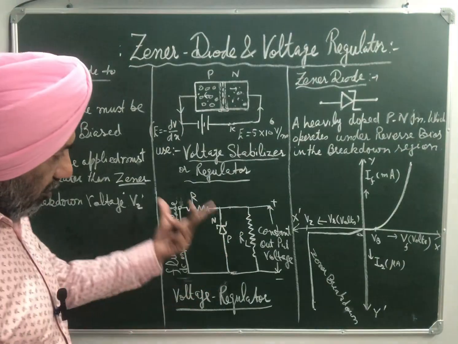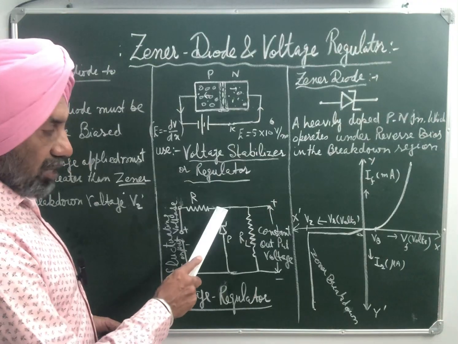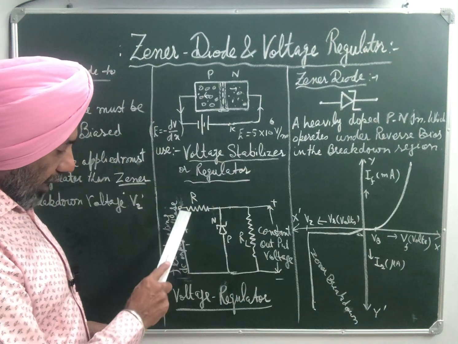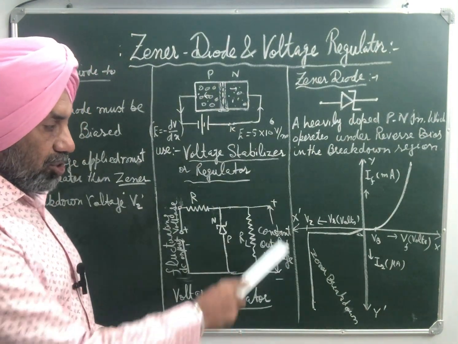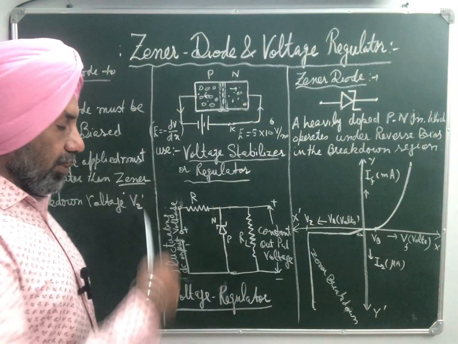How? What is the circuit for the voltage stabilizer? Make the connection as shown in the figure. Here we have resistance R, Zener diode and load resistance connected in parallel, and this is the input circuit, and constant output is taken across the load. How does this Zener diode act as a voltage stabilizer?